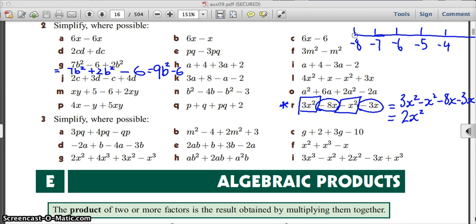Which way am I going to go, Taylor? Because I'm taking 3 or subtracting 3. Am I going to go to the left or to the right? To the right. So if I'm taking 3, let's do the number line like this: 0, 1, 2, 3, 4.